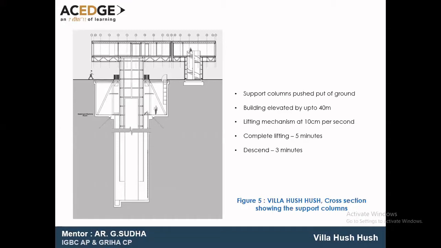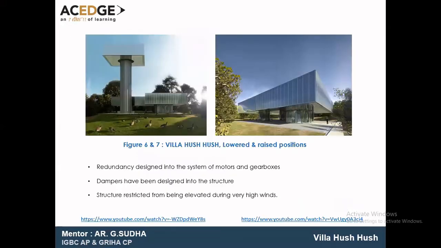The entire driving mechanism is driven by 8 numbers of 22 kilowatt drive motors, and while designing this particular system, redundancy has also been taken into account while designing the motors and gearboxes. That is, even in case of failure of a single drive unit, the entire mechanism will function as normal and there will be no reduction in its performance.